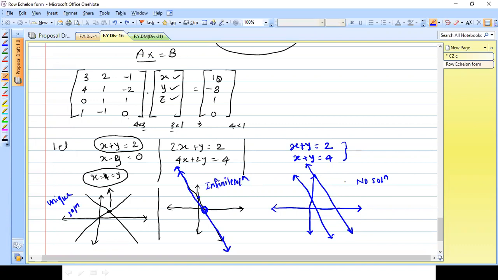So these are the three main types we have. And for any matrices also we have three cases: either we have a unique solution, or infinite solutions, or no solution.